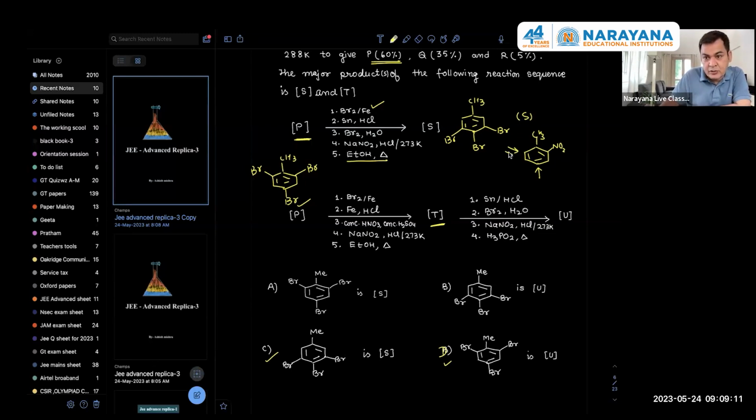Methyl is ortho-para, so for methyl this is ortho and this is para. Both are activating the same position. Out of these two positions, we should not do the reaction here because that will create steric hindrance, as three groups would come simultaneously. So this is the more appropriate position for electrophilic substitution.